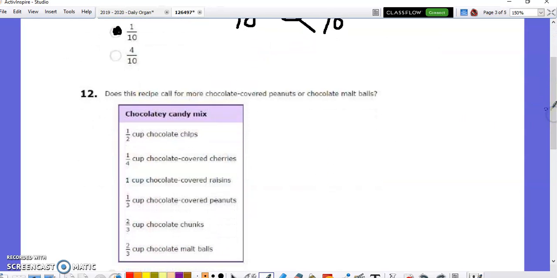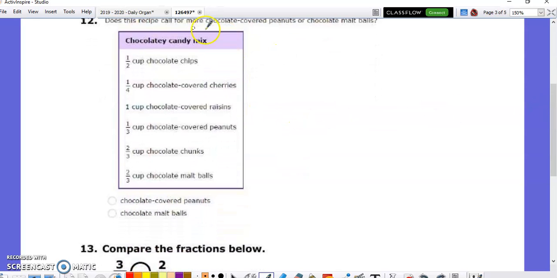Number 12 has a recipe for chocolate-covered peanuts and chocolate malt balls. Has a lot of different fractions here, and you can see they have different denominators. Does the recipe call for more chocolate-covered peanuts or chocolate-covered malt balls? It's just a comparison question, and a lot of this information here you can throw out.